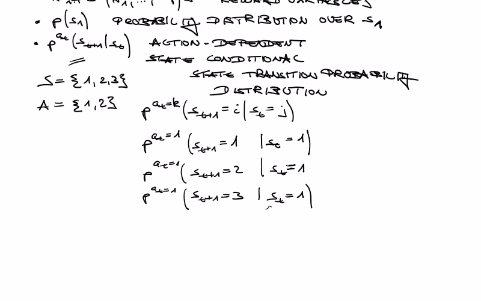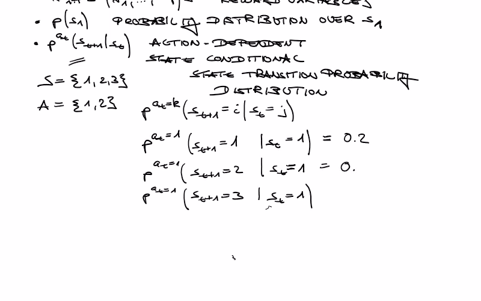And what this means is that this should be a probability distribution. You know that probabilities in this discrete sense need to sum to 1. So maybe let's say the probability that the state at t plus 1 is 1, given that the state at time t is 1 and the action is 1, is 0.2.